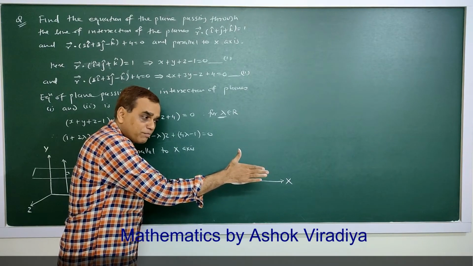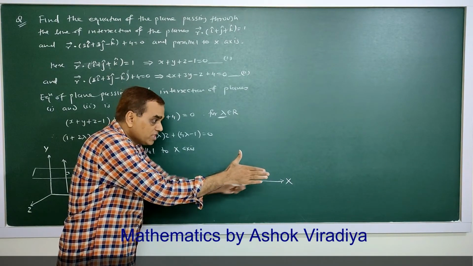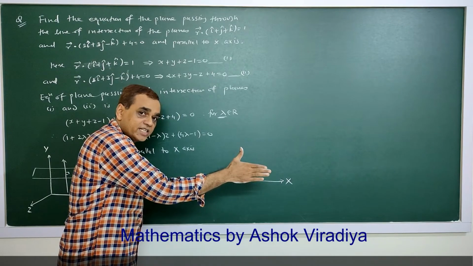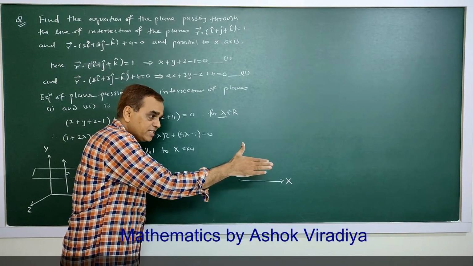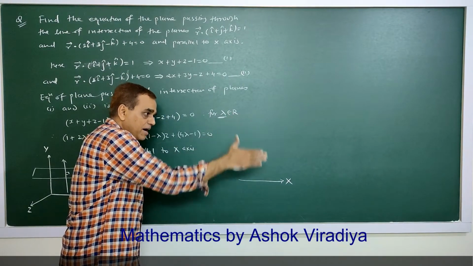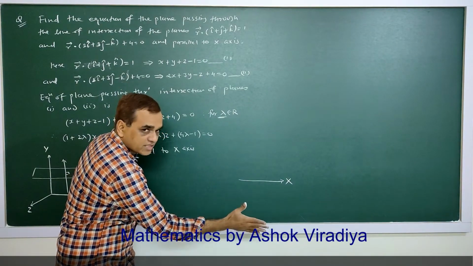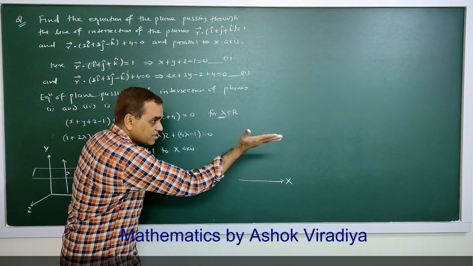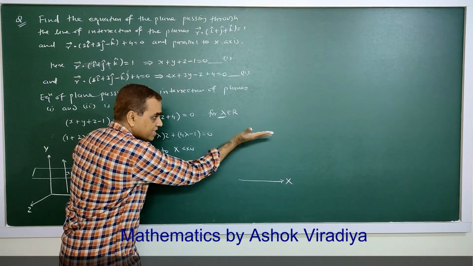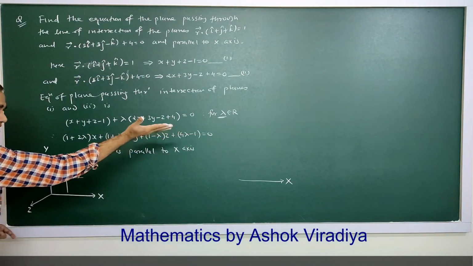If you move your palm around this line at 360-degree rotation, then see, these are the planes parallel to the x-axis. In the diagram I have shown such a plane parallel to the x-axis.